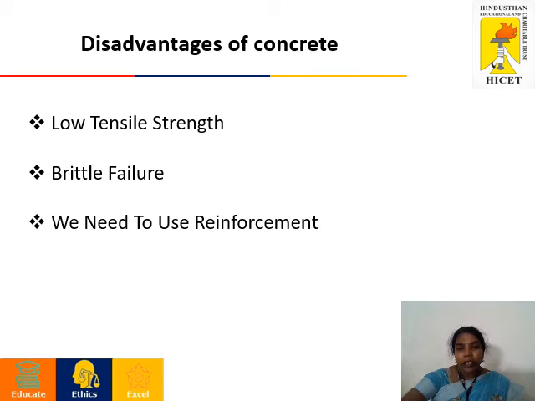The next one, disadvantages of concrete, is very important. It has low tensile strength, because the concrete is strong in compression and weak in tension. The second one is its brittle nature, so it will fail in a brittle manner.